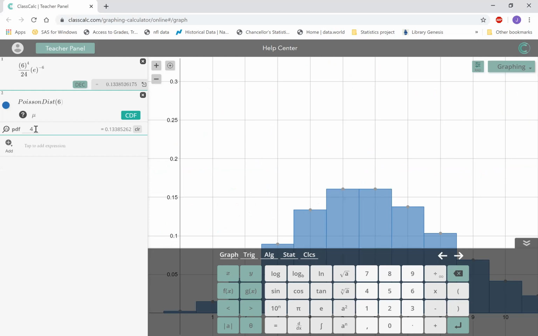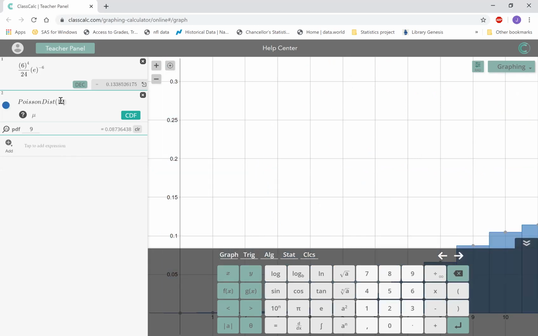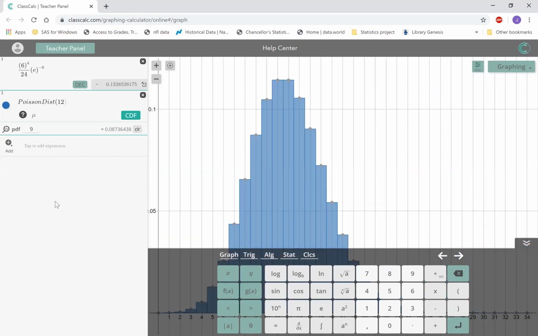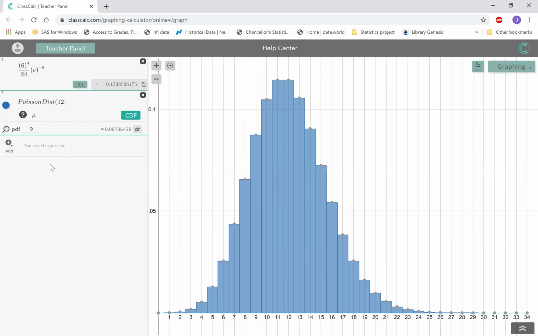The only thing I have to do here is change my x value. We're going to change it from 4 to 9. But you also want to change your mu from 6 to 12. It is important that you switch the mu, because if you put 6, it will give you an incorrect answer.